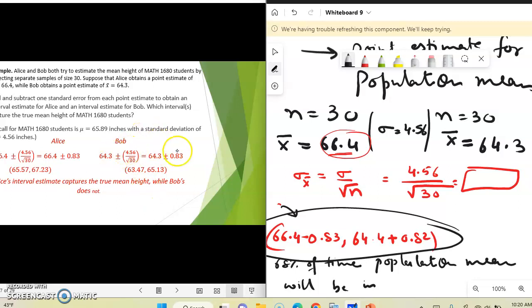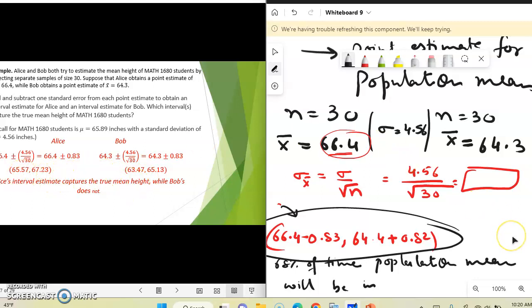Similarly, Bob also calculates. He adds 0.83 and he subtracts 0.83 and he gets this interval. So Bob's estimate is that 68% of the time, the mean height of all Math 1680 students will lie in this interval.